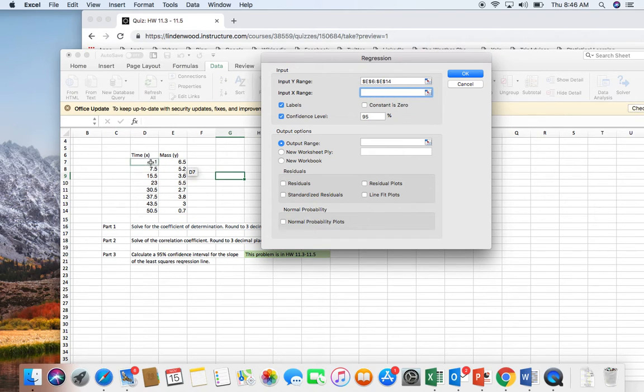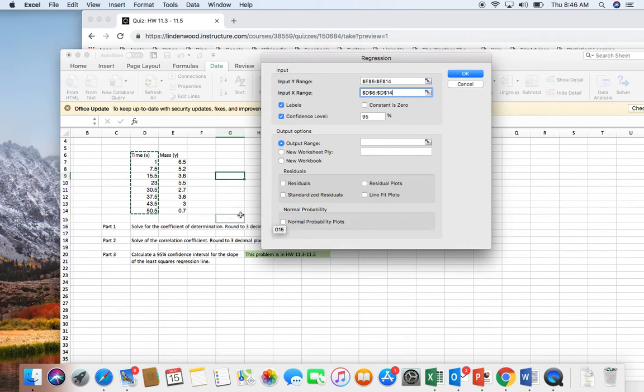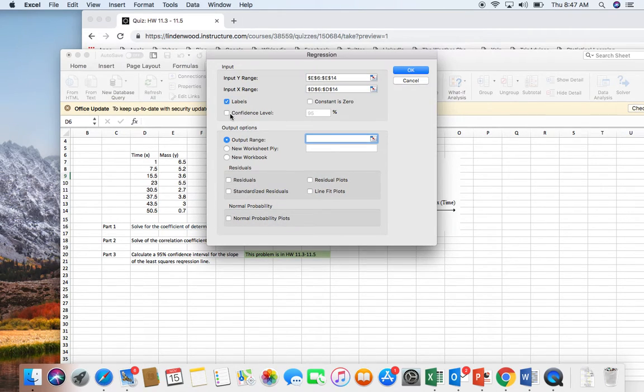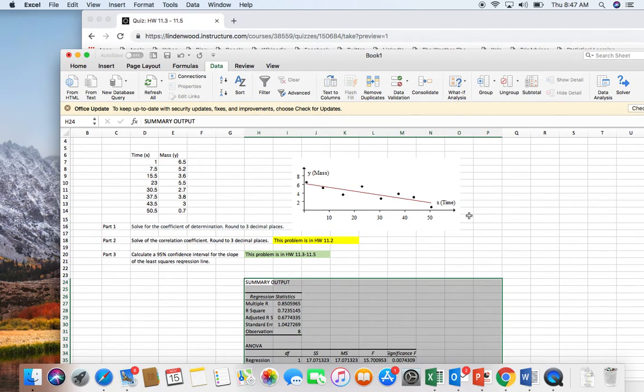And the X-axis, we're going to highlight this column. Here, because we're being asked to calculate a confidence interval for the slope of the line, we are going to click confidence level. 95% is the default. Our output range, we're going to highlight and put down here. And I'm going to click OK.